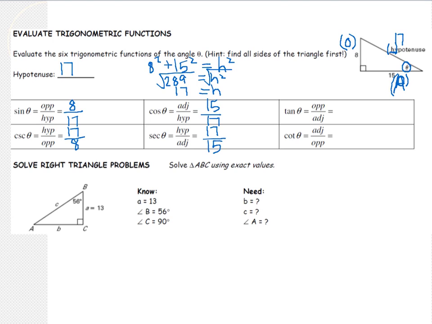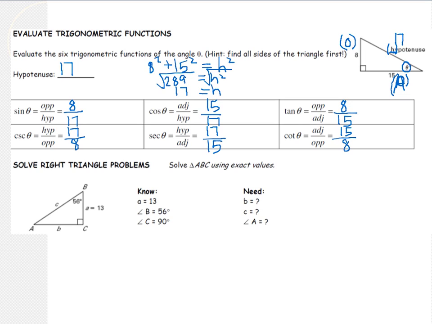Tangent, opposite over adjacent, so opposite is 8, adjacent is 15. So then if we do the reciprocal for our cotangent, that's 15 over 8. Now, one thing I want you to remember is that if any of these fractions needed to be reduced, you would need to reduce them. We would always reduce these ones.